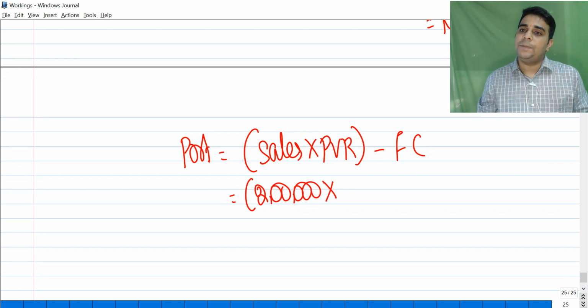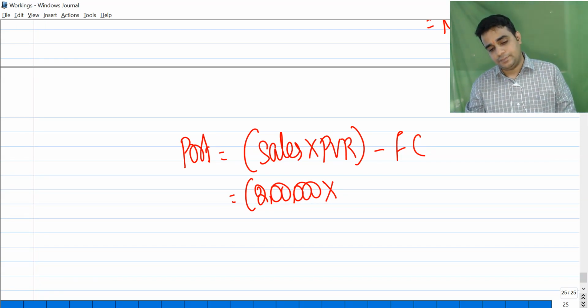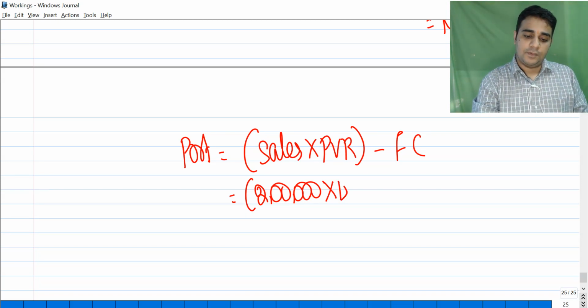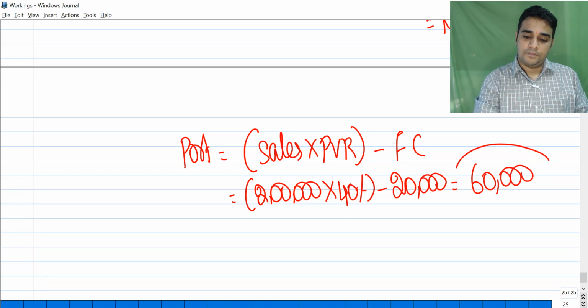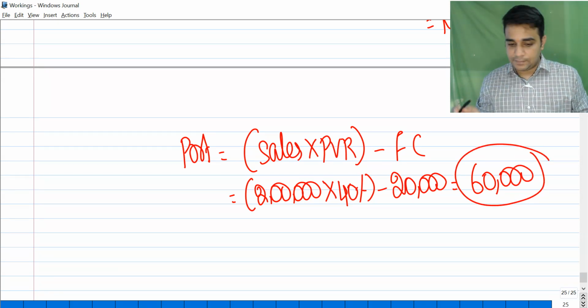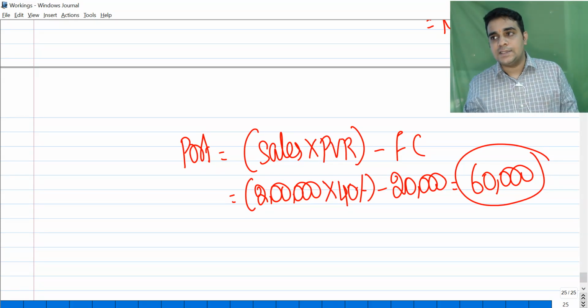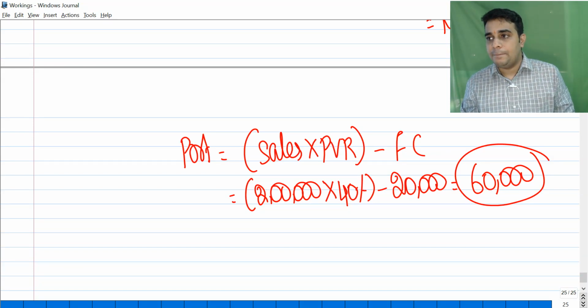It will be the original PVR, not the reworked PVR which you had done. Profit is 60,000. Sales into PVR minus fixed cost: 2 lakh into 40% minus 20,000.